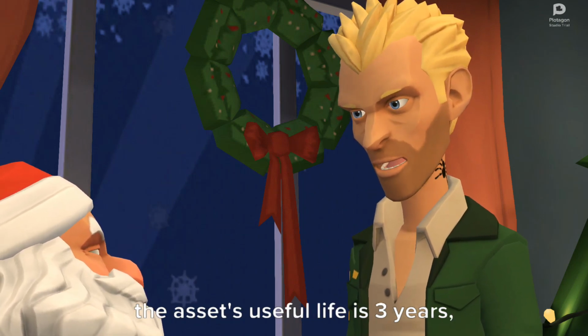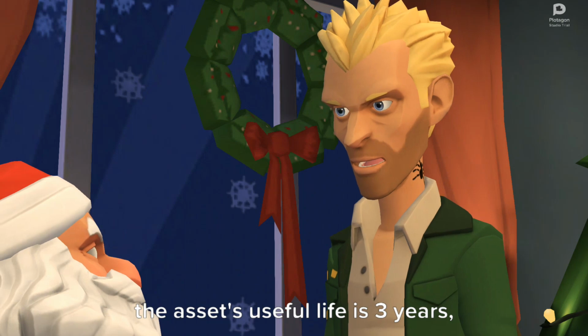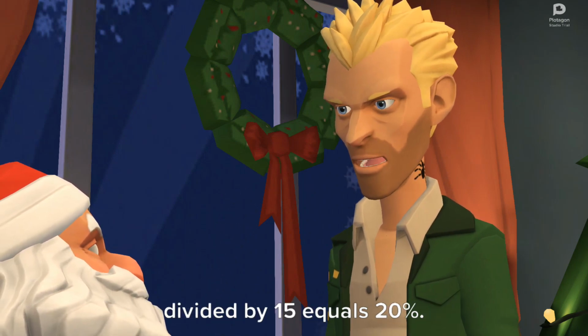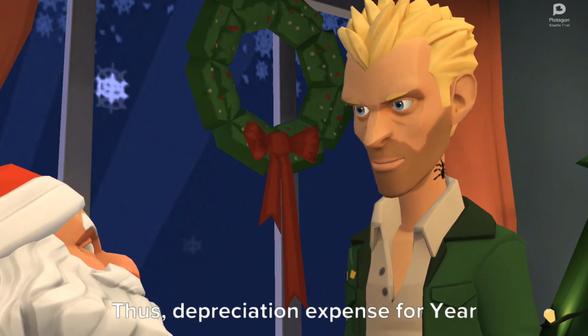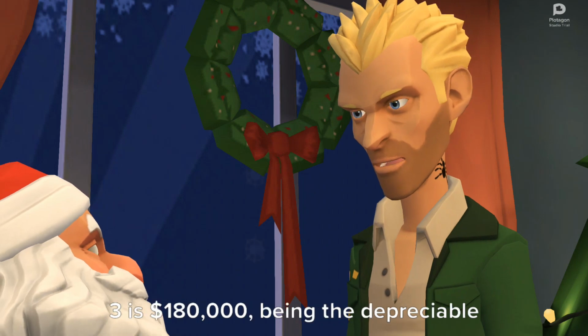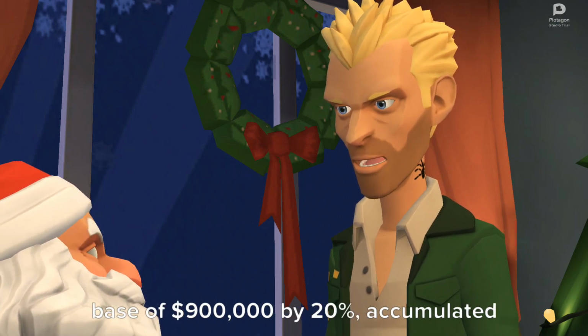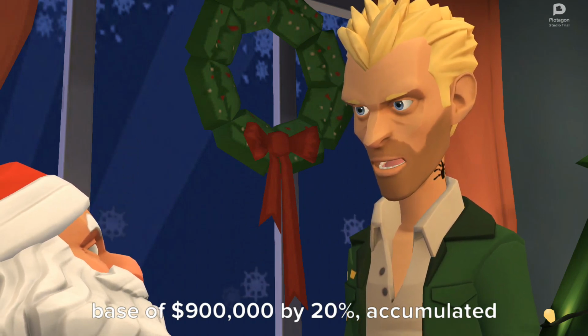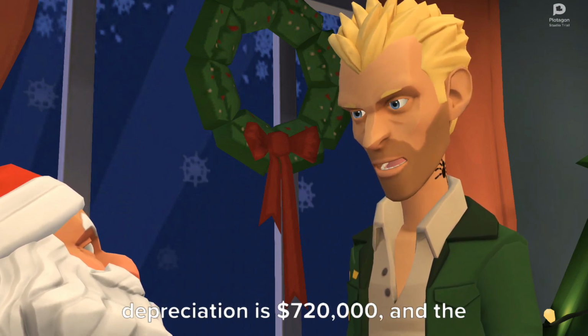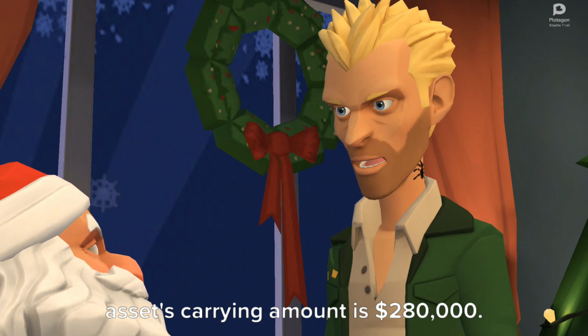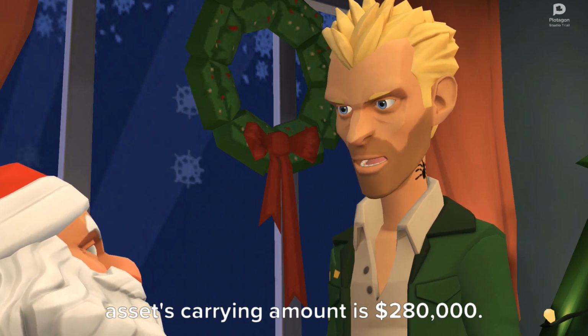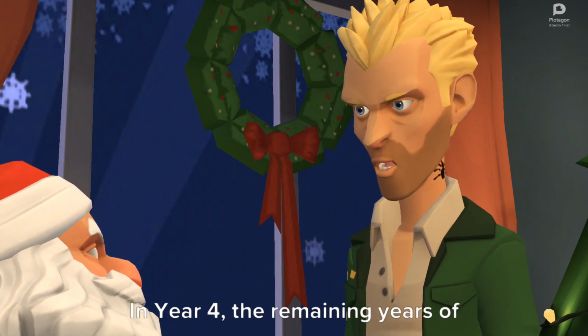At year 3, the remaining years of the asset's useful life is 3 years, divided by 15 equals 20%. Thus, depreciation expense for year 3 is $180,000, being the depreciable base of $900,000 by 20%, accumulated depreciation is $720,000, and the asset's carrying amount is $280,000.